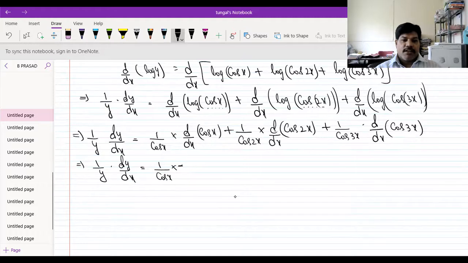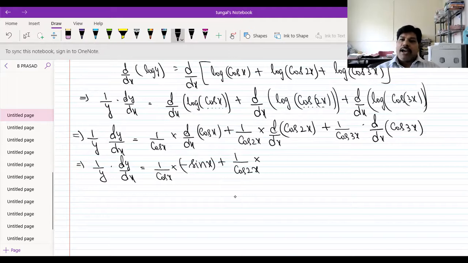Derivative of cos x is nothing but minus sin x, plus 1 by cos 2x into, so this is important students, cos f of x actually.